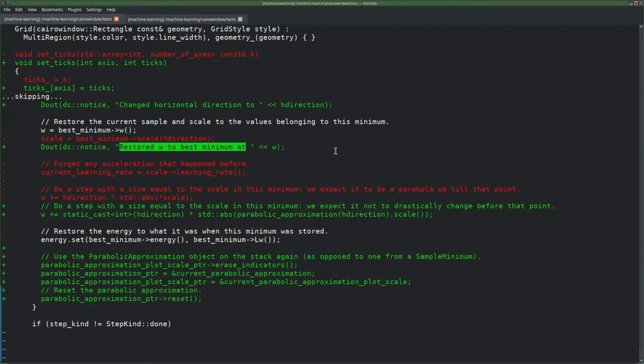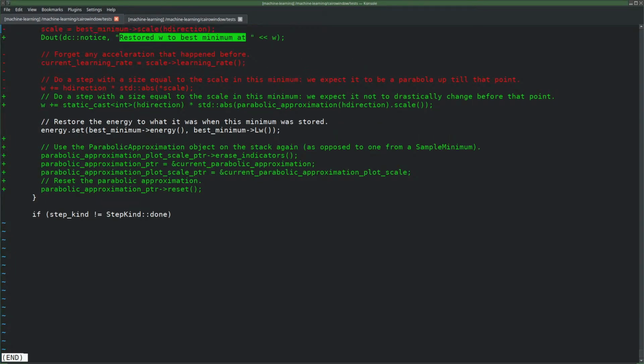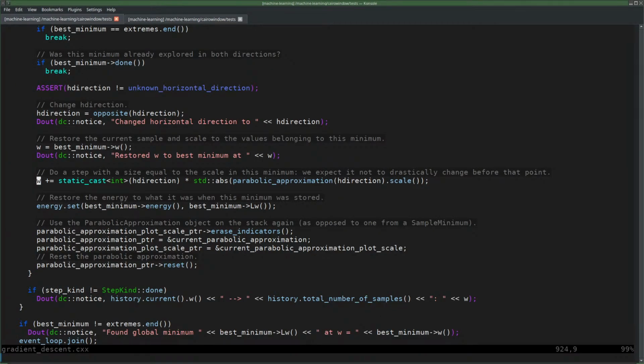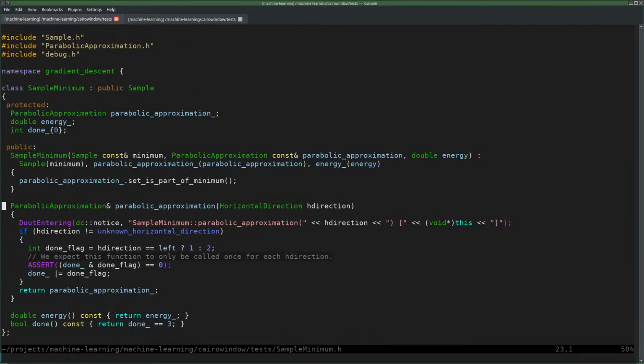What? No, can't. Impossible. Shit. Oh, it's a function. So is it like best minimum? Yup.